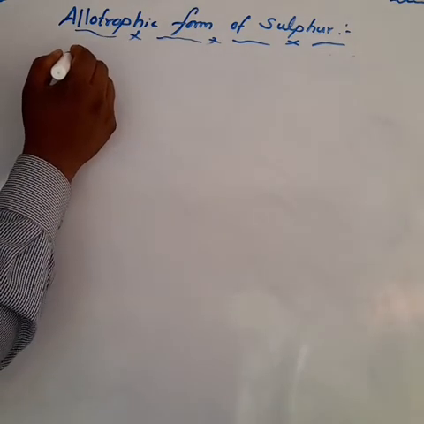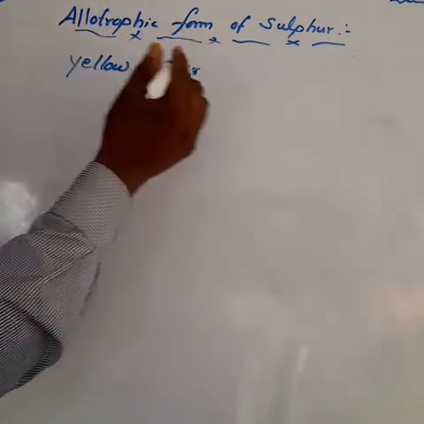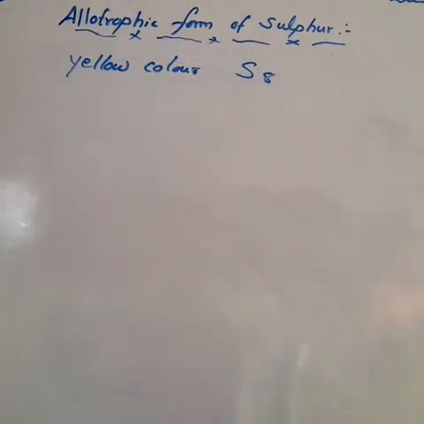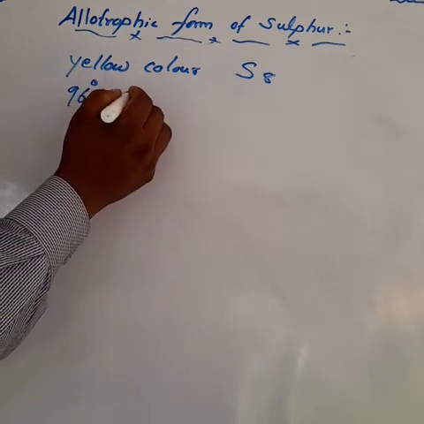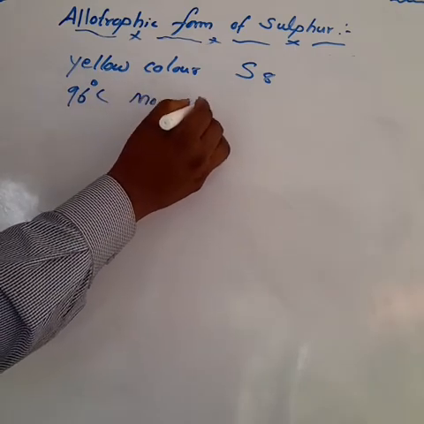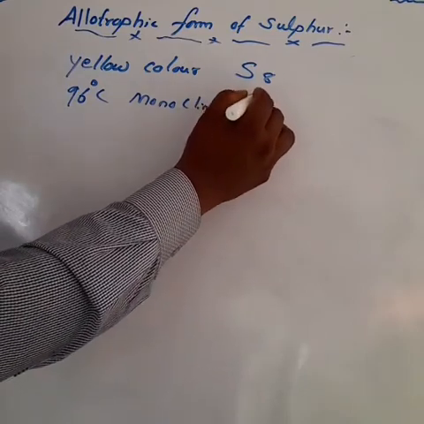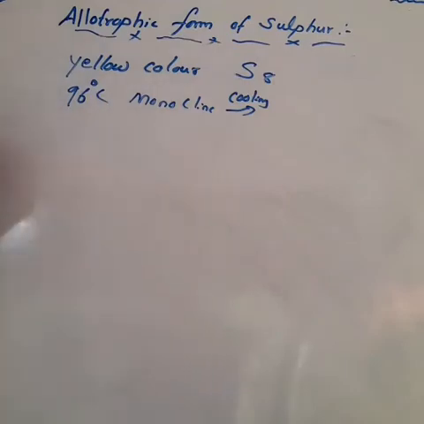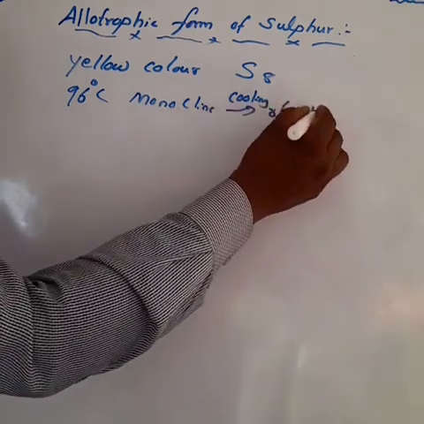The crystal has a characteristic yellow color, and it is composed of S8 molecules. Previously I told you that when rhombic sulfur is heated at 96 degrees Celsius, it is converted into monoclinic sulfur, and on cooling below 96 degrees Celsius, that beta form, monoclinic sulfur, is converted back to rhombic sulfur.